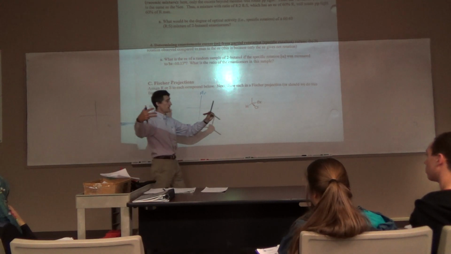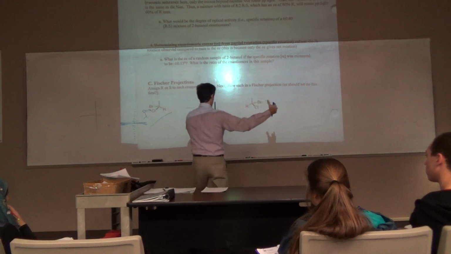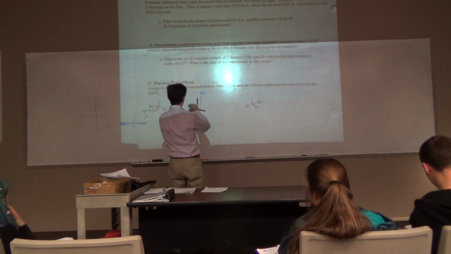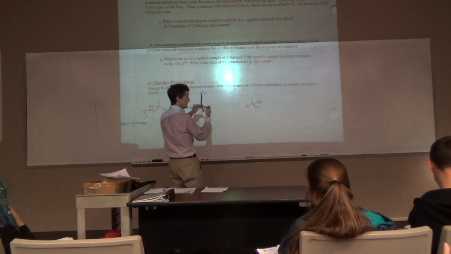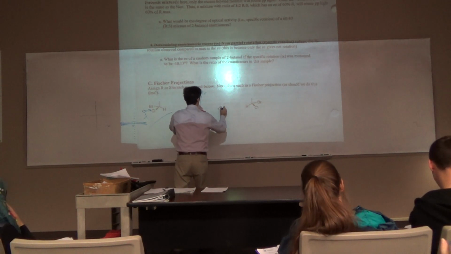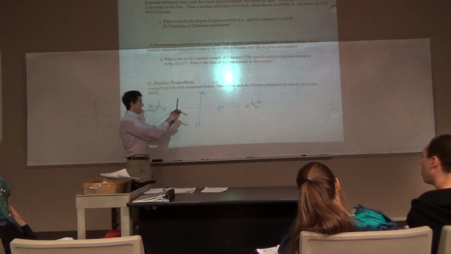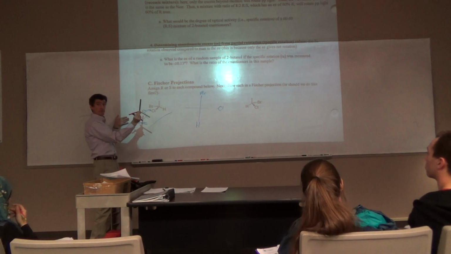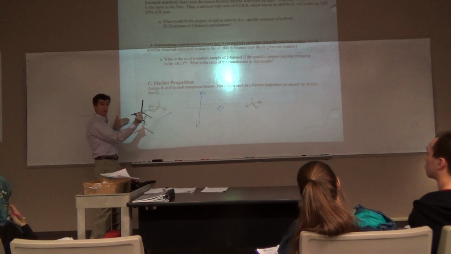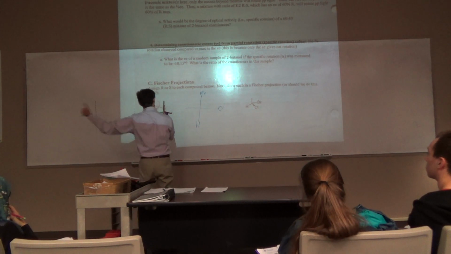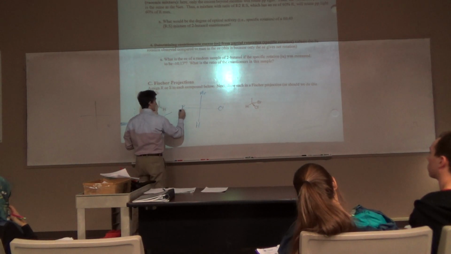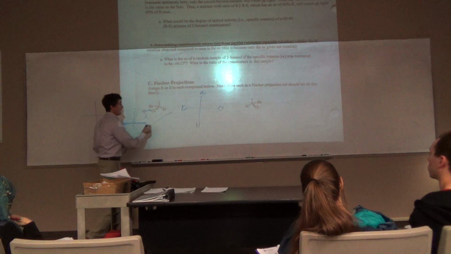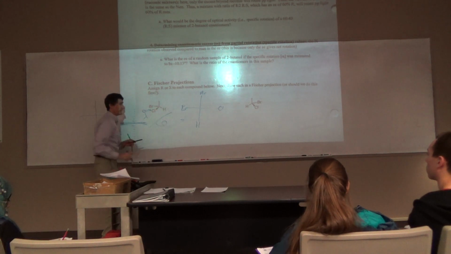I'm just drawing what I see, this is what I see if I stand over there. Now you guys can see it. Chlorine's on the right. And the bromine, here it's going back. But if you can see what I see, you would see that it's coming to my left. Right? This is it in a Fischer projection.